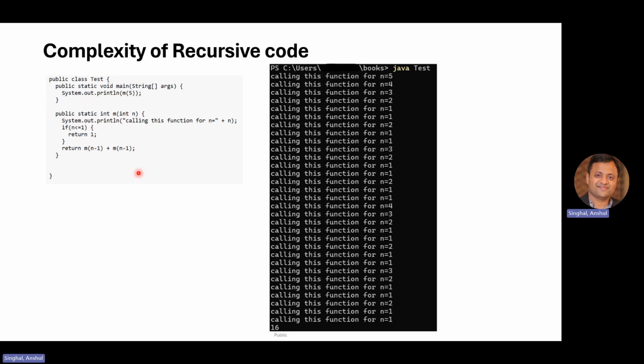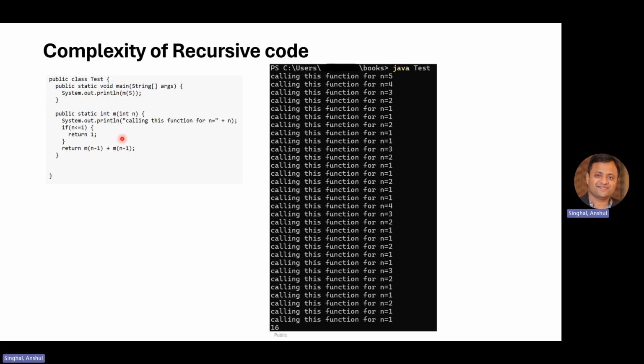Here we want to evaluate the time complexity, or the runtime, of this method m. It's not about the upper part, which is just the execution. We are calling this algorithm with input value 5, and we want to determine its time complexity.